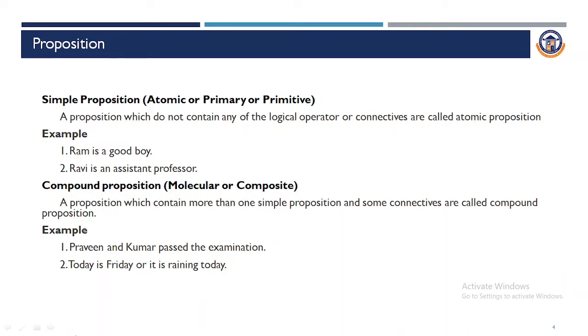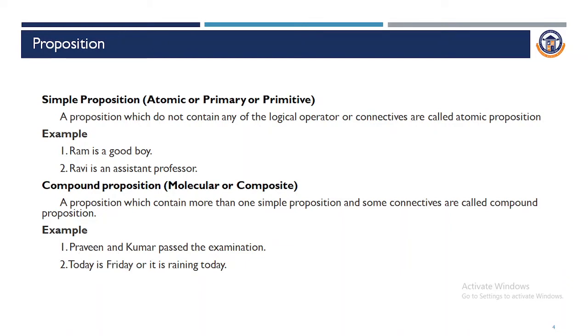For example, Praveen and Kumar passed the examination. Praveen passed the examination is one atomic proposition and Kumar passed the examination is other simple proposition. These two propositions connected by the connective and. Therefore, it is a compound proposition.